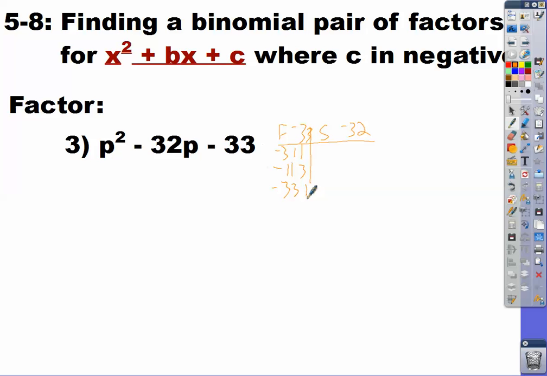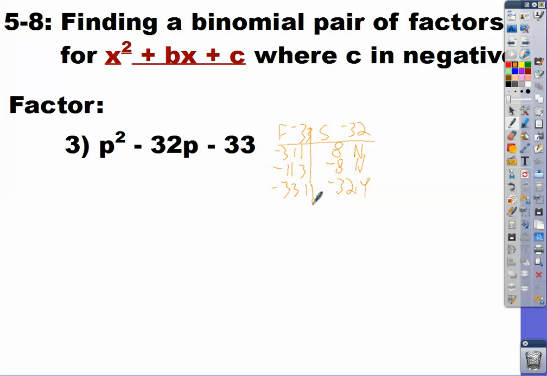Negative 3 plus 11 is 8, and that's not negative 32, so that won't work. Negative 11 plus 3 is negative 8, so that won't work. And then negative 33 plus 1 is negative 32, and that works.